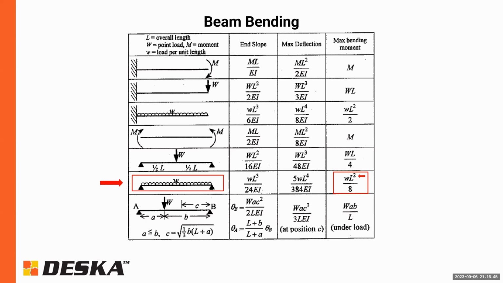The equation to determine the maximum bending moment is down here on the right, and you'll notice it's the uniform load multiplied by the length squared over 8. And the key there is that you'll notice that the length is squared, which essentially means that for every foot, let's say, the span length increases, the maximum bending stresses increase exponentially.